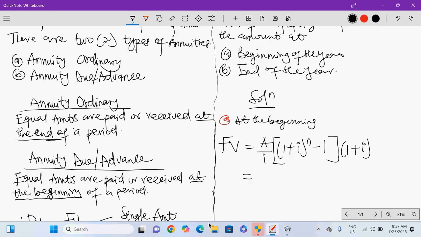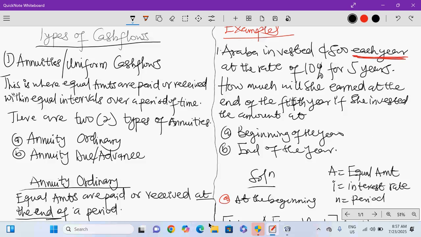All right. So what is the equal amount? The A here represents the equal payment, the equal amount that you are receiving or paying. The I is the interest rate, and the N is the number of years, or the number of periods. So what is the A, the equal payment? The equal payment is 500 cedis. You are investing 500 cedis each year.